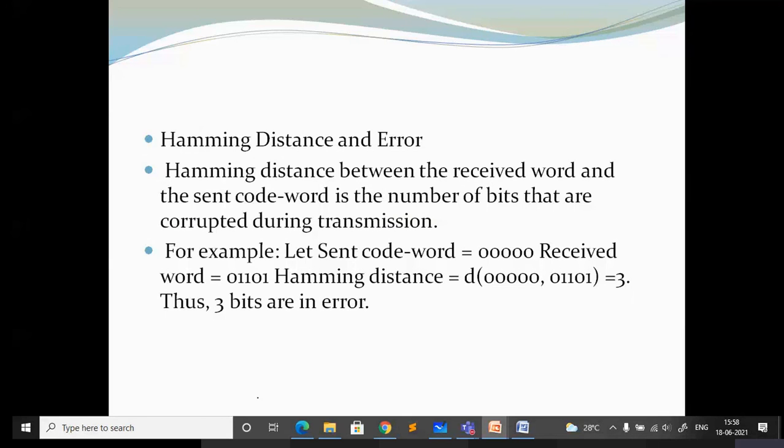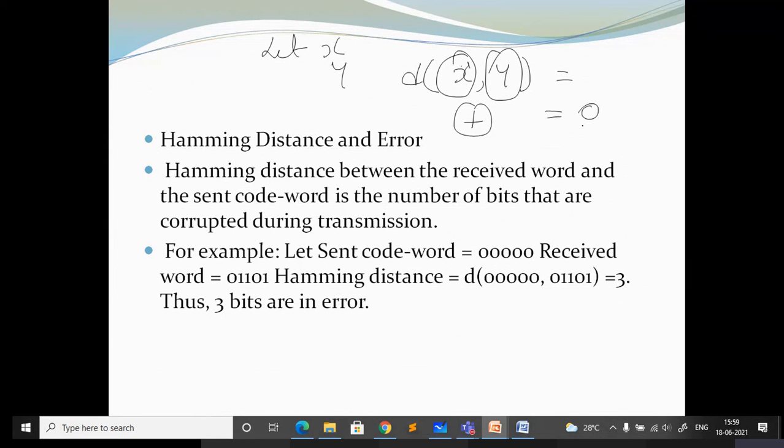Let's say one code word is X and another code word is Y. To calculate the Hamming distance, that is d of X comma Y. Whatever you get here is called the Hamming distance. Here it is the Hamming distance between the received code word and the sent code word. This is the sent code word and this is the received code word. When you apply XOR operation on these two, you will come to know.